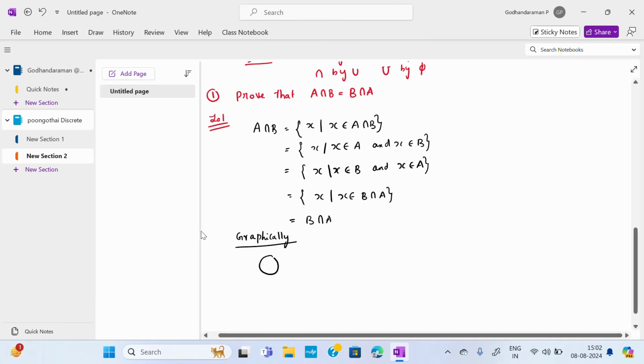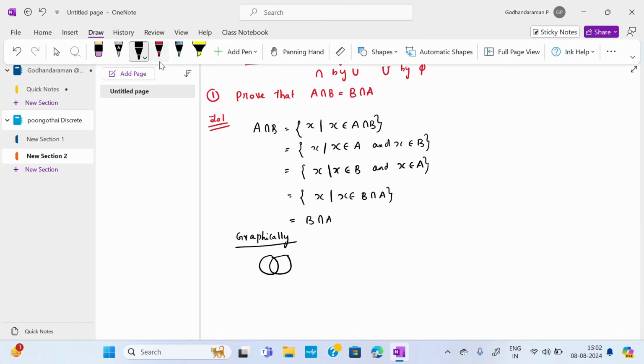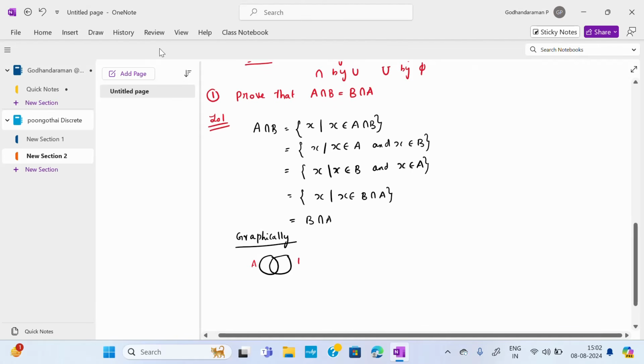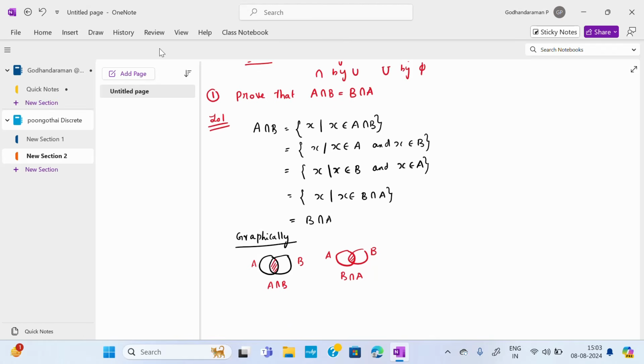We know set A and set B. So this is your set A, this is your set B. A intersection B is nothing but this region, this is your A intersection B. Same way when I draw it and calculate B intersection A also, it is the same thing only. So both are same. So we have proved it. This is the way you have to prove it.